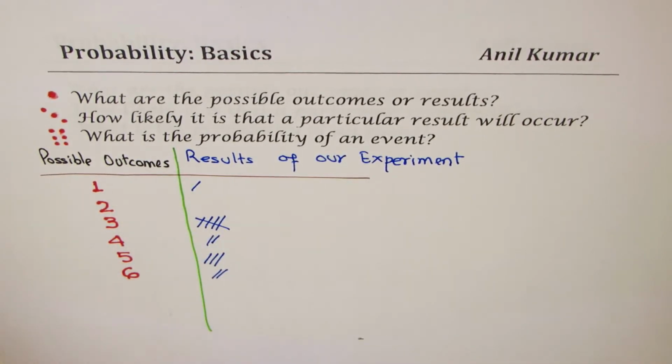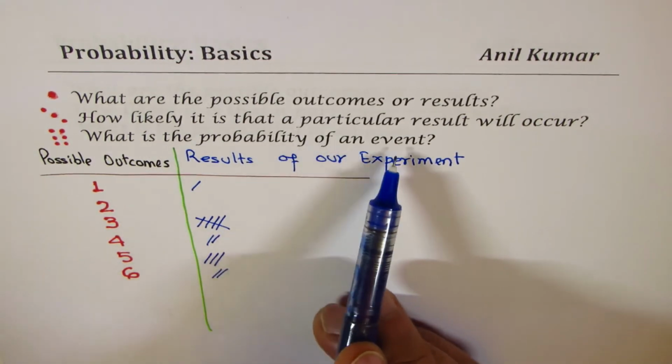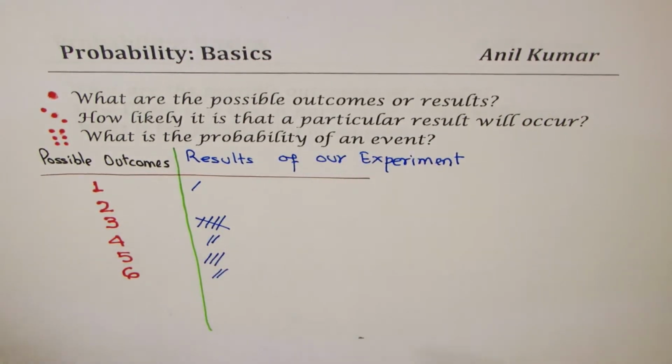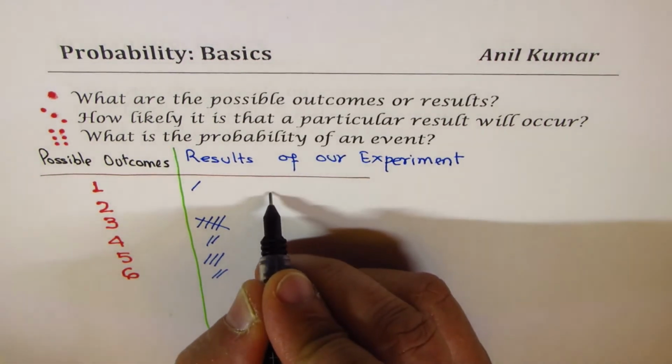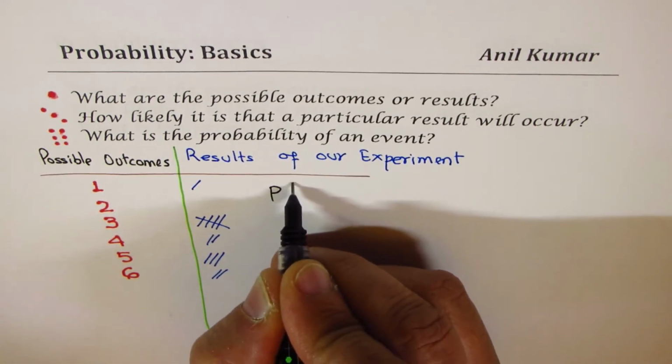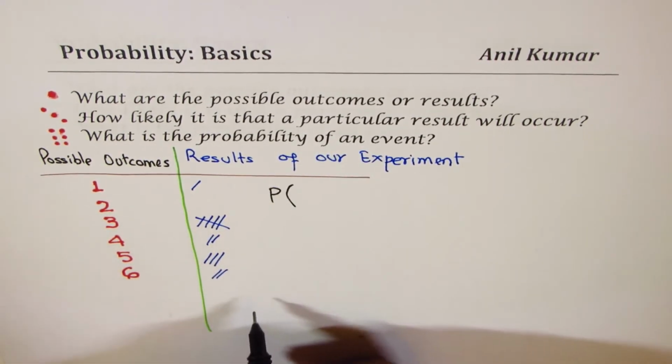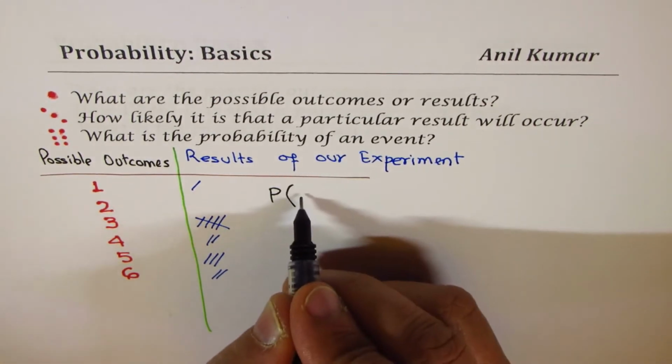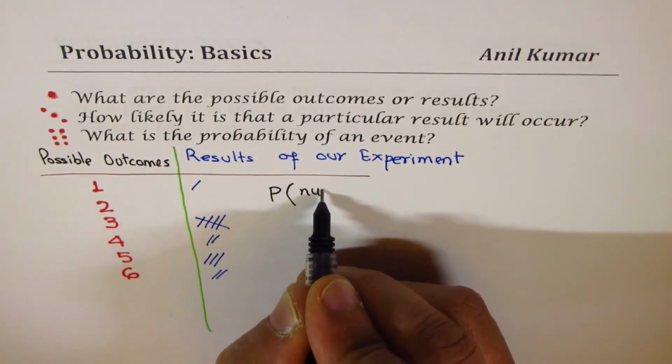And now from these results, we are going to find the probability of an event. Okay? So, what kind of events can be defined? Well, event could be, we write it like this, probability P and event within brackets. Probability of getting the number 5.